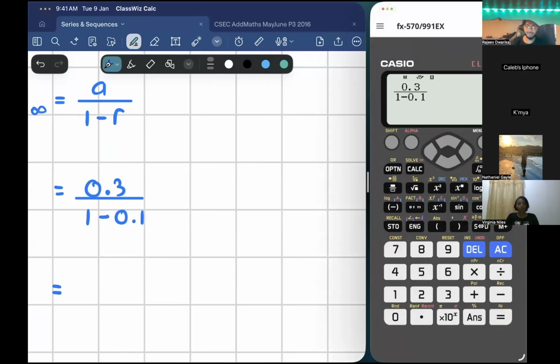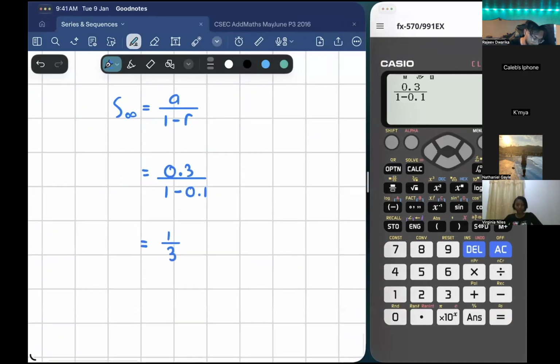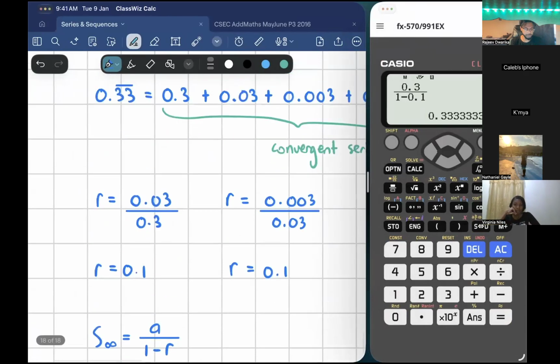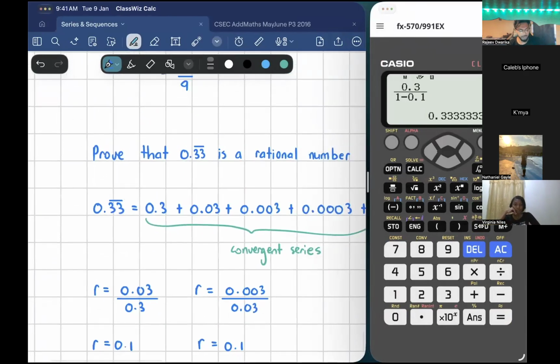Bam. Absolute cinema. Peak. So is it a rational number, guys? Yes, sir. Yeah, it is a rational number. And it's 0.3 recurring. That is what it is.